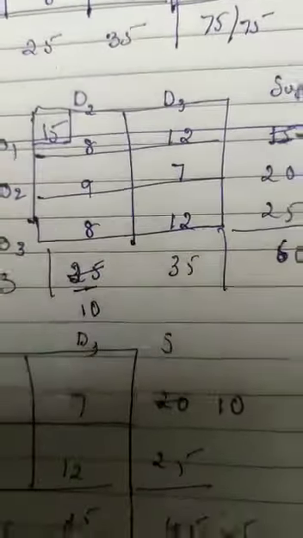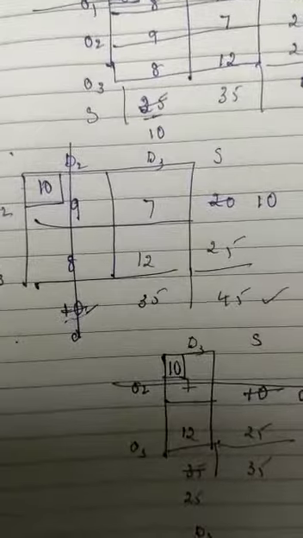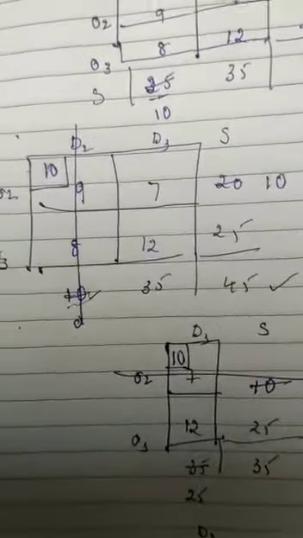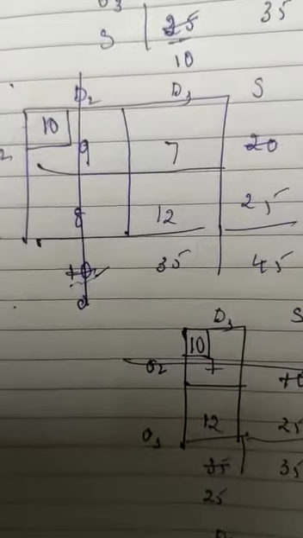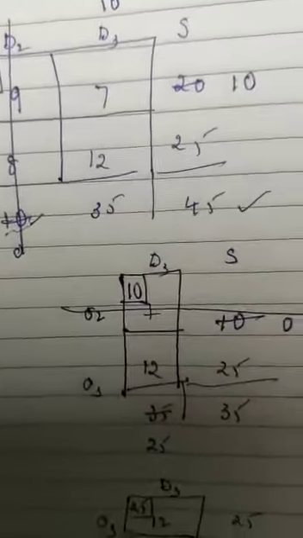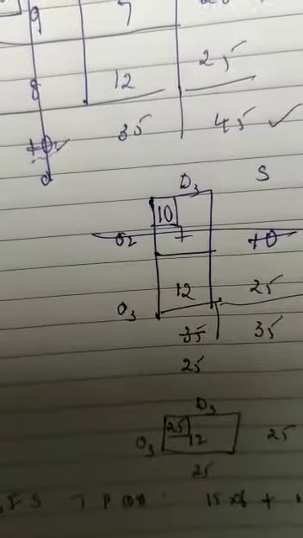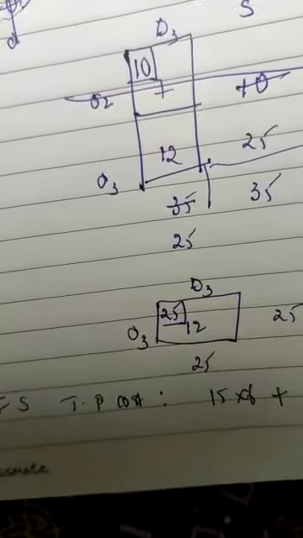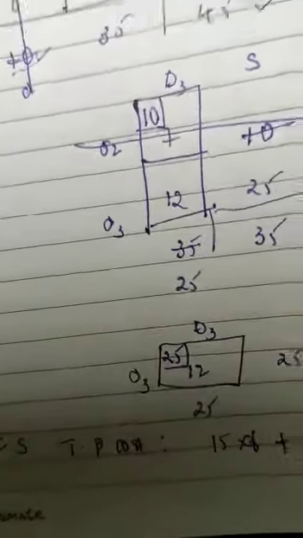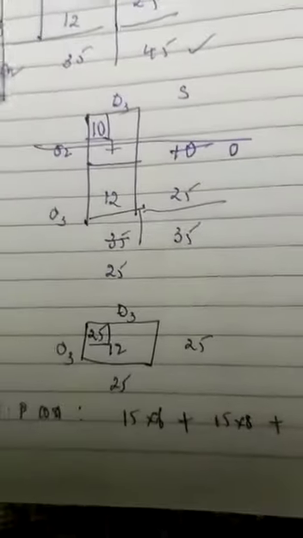Plus the second allocation, 15 into 8, plus the third allocation, 10 into 9, plus the fourth allocation, 10 into 7, and the last one, 25 into 12. That is your answer. Whatever the answer is, you write here.